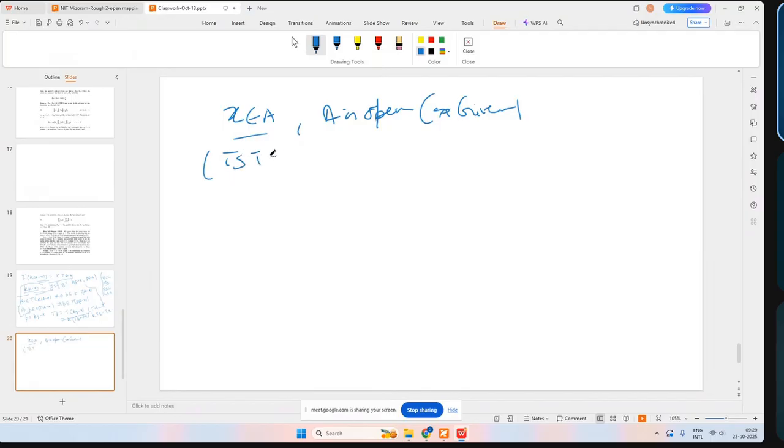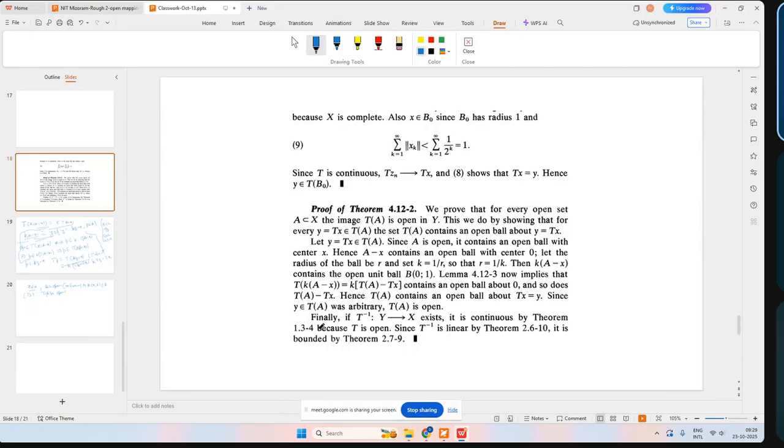To show that T of A is open. This is the open mapping theorem. Now X is in A, and A is open. This tells you that there is a ball of radius epsilon around X contained in A. Since it's open, that is what is used here.